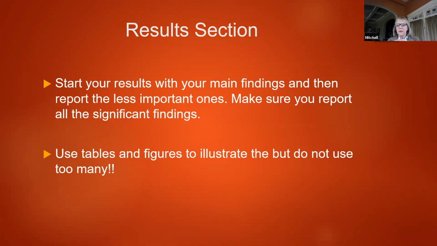And I just want to mention that the APA manual has a great tip for presenting data in tables, because you do want to take advantage of using tables and figures, but not using too many. And so you don't want to duplicate all of the data in the narrative in a table, and you don't want to duplicate all of the data in a table in a narrative. And you want to not interpret results at this point. Interpretation of these results is going to be in the discussion section.